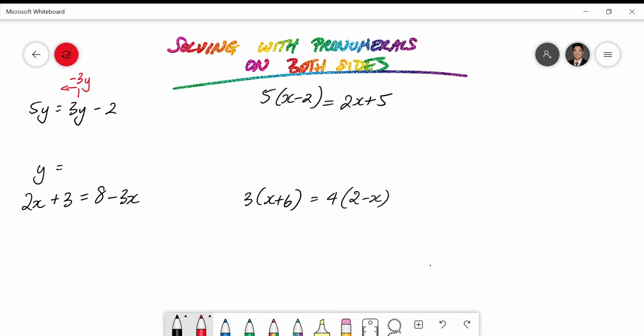And because we're going to do it to one side, we're going to do the same thing to the other side, okay? So 5y minus 3y is left with 2y, and because 3y minus 3y is nothing, we're left with minus 2, okay?